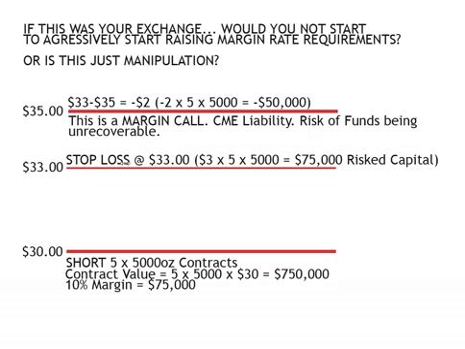So there's a $2 difference here. Now, minus $2 times the number of contracts times 5,000 ounces is minus $50,000. My trade has lost the 75,000 of risk capital and the minus 50,000 on the open. So I'm now in a liability of $50,000.